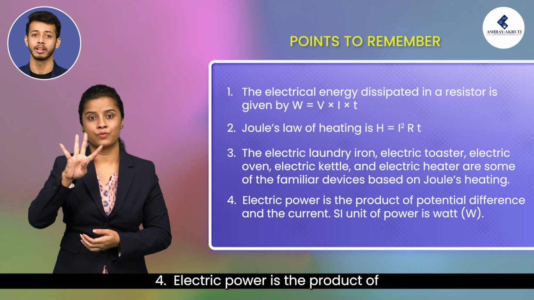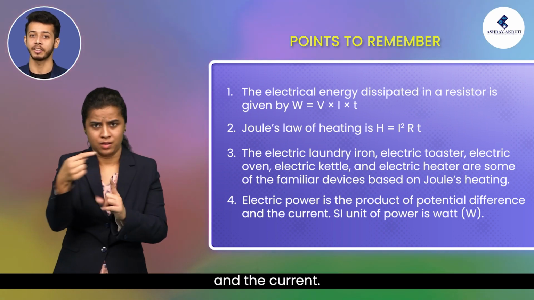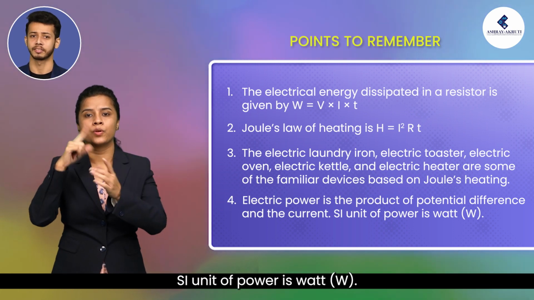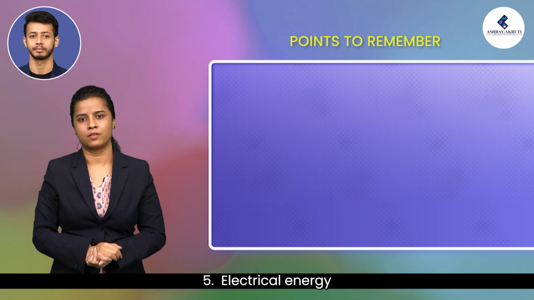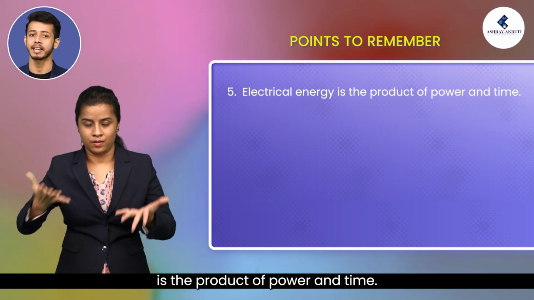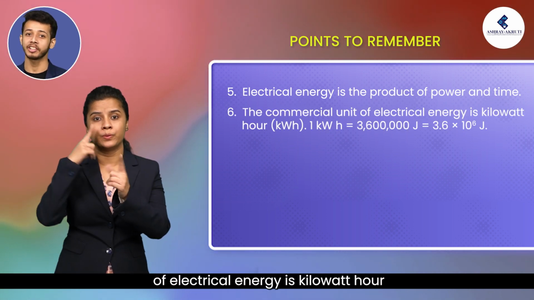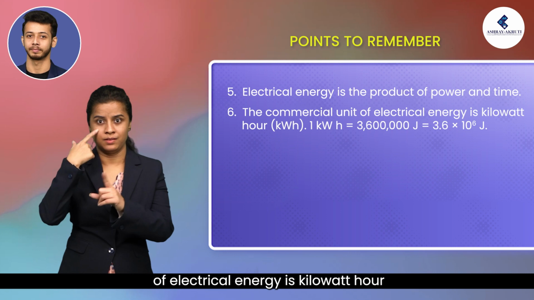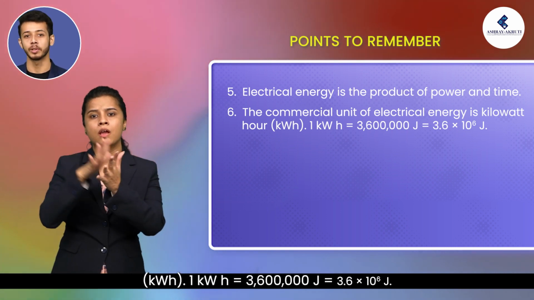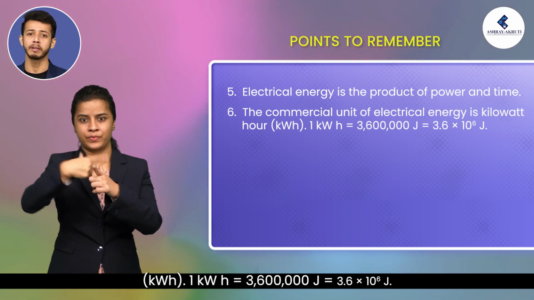Number 4. Electric power is the product of the potential difference and the current. SI unit of power is watt. Number 5. Electrical energy is the product of power and time. The commercial unit of electrical energy is kilowatt hour. 1 kilowatt hour equals 36 lakh joule equals 3.6 into 10 to the power of 6 joule.